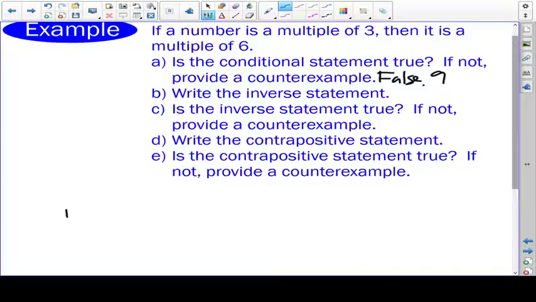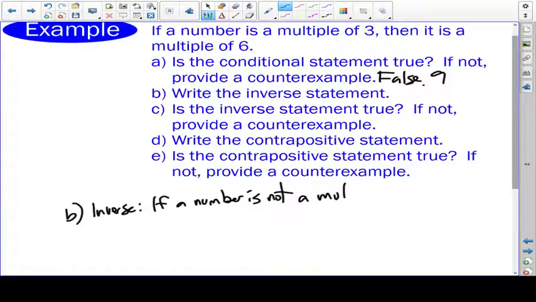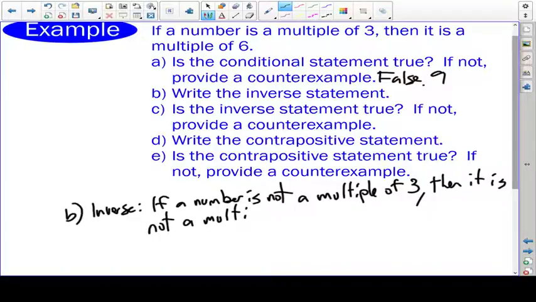So part B, inverse: if a number is not a multiple of 3, then it is not a multiple of 6. That is the inverse statement.